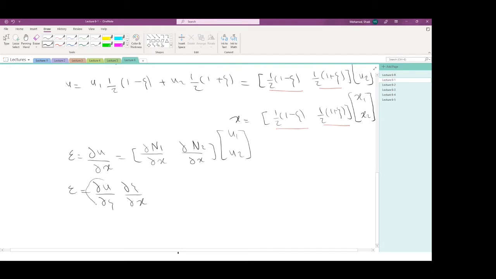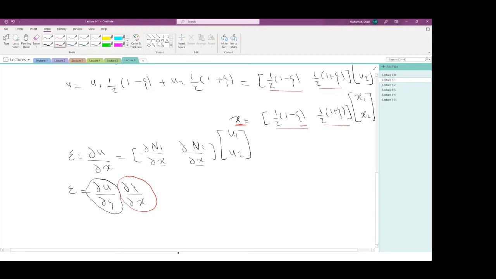Now finding this bit here is easy because I just replace x with xi in here. Now finding the derivative of xi with respect to x is something I cannot find directly. Because I don't have xi to be a function of x, I have it the other way around. I have x to be a function of xi.